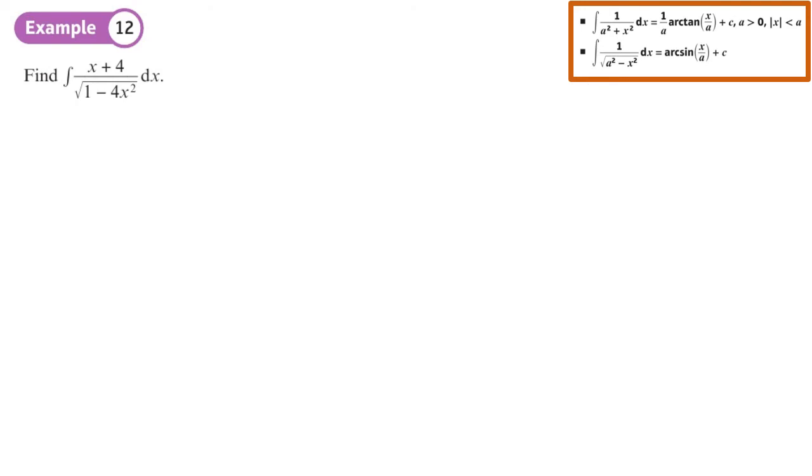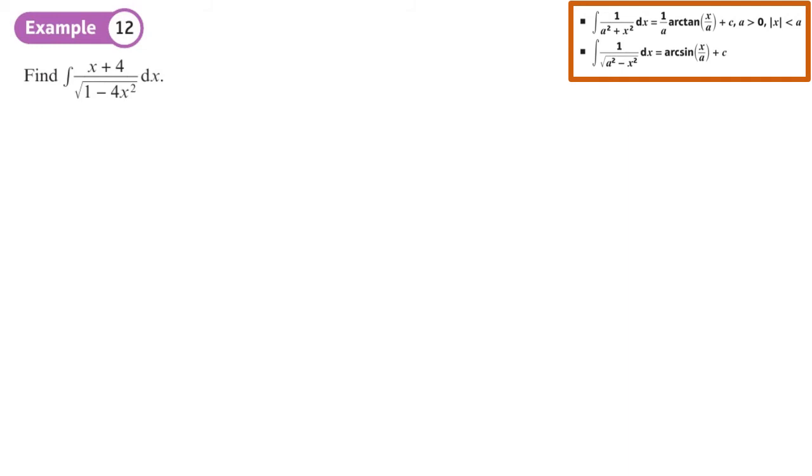Okay, now for this one, you'll notice that this has got an x plus 4 at the top, and both of these have 1 at the top. Now we can split this integral up, so we can use the standard result on half of it, and the other half we'll just use the normal integration.